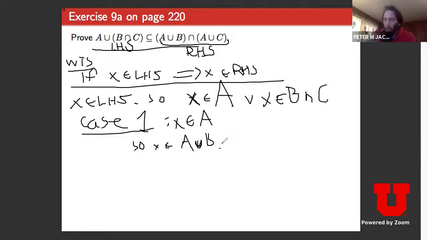And then we have exactly the same thing going on with X being in A union C. X is in A, and therefore X is in A union C. So we also have that X is in A union C. Okay. All right. So now we have that X is in A union B and X is in A union C, and therefore X is in the right-hand side.